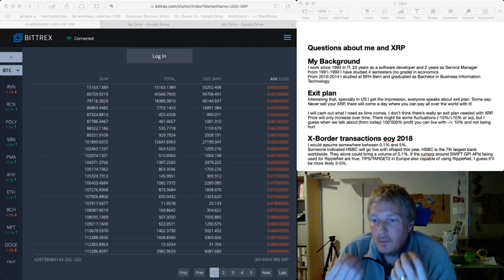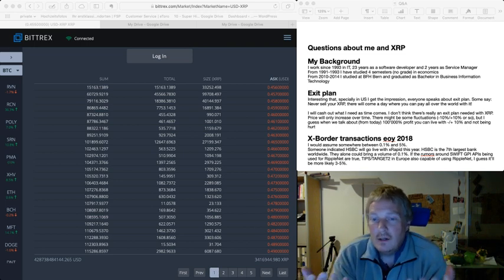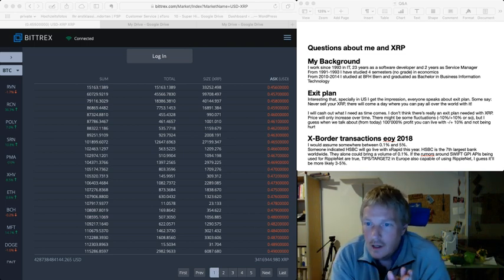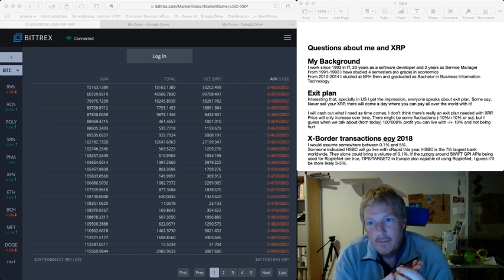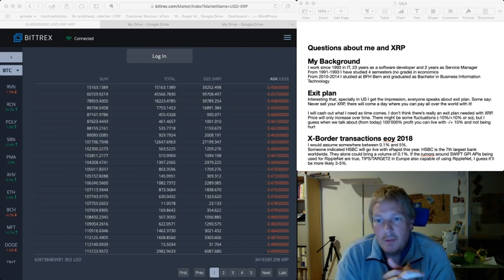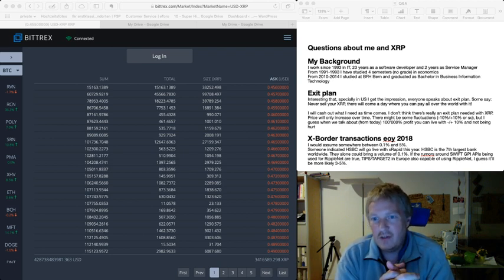So that's the proof that the price is not always synchronous. But Nick, question to you. Let's assume you're on Binance and someone wants to buy from you XRP for $1, and you know, on Bittrex you could sell it for $1,000.